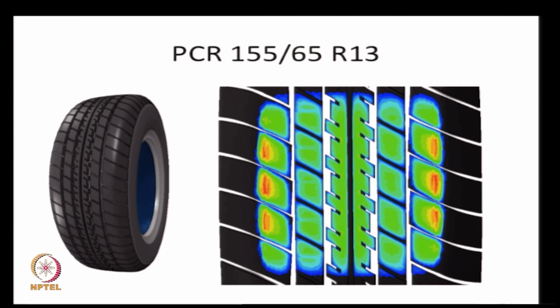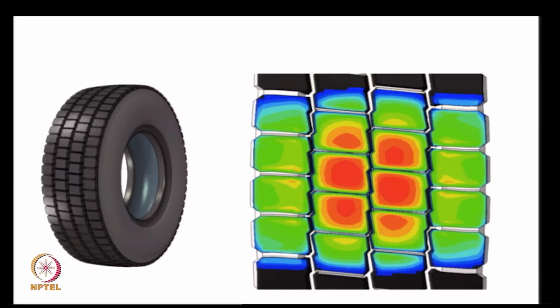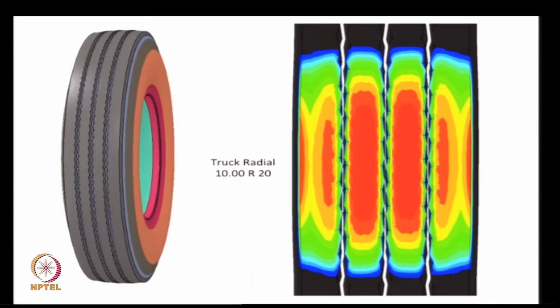The tires are basically classified into what are called rib tires. This is a truck rib tire. You can see that there are ribs, there are 4 ribs in this tire, and lug tires. These are what are called lug tires. The rib tires are usually used in the front wheel, not necessarily only in the front, because there are buses which use this in the rear also.